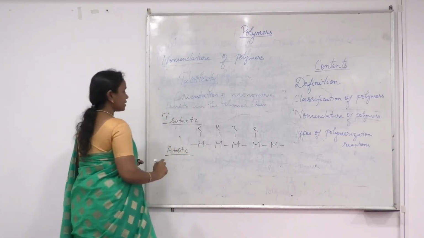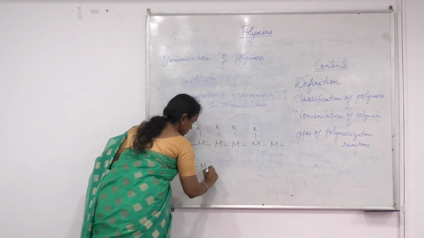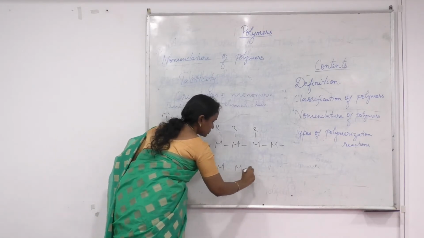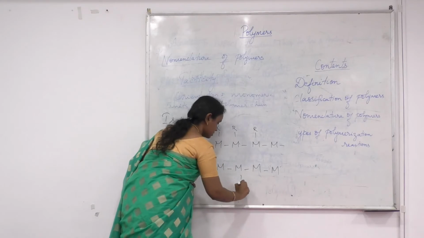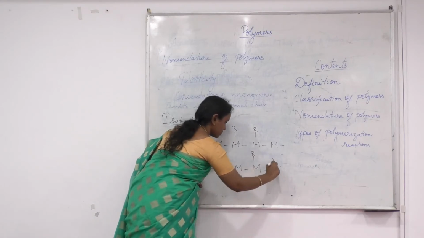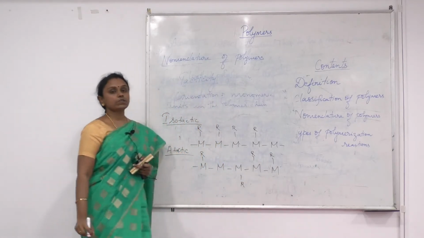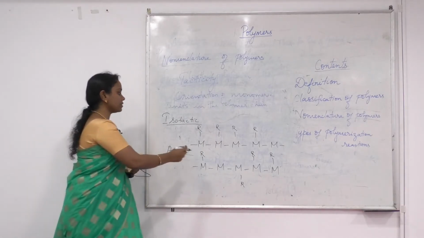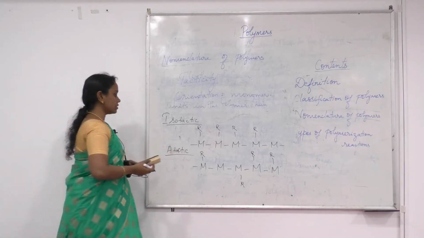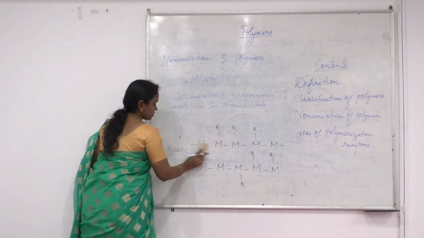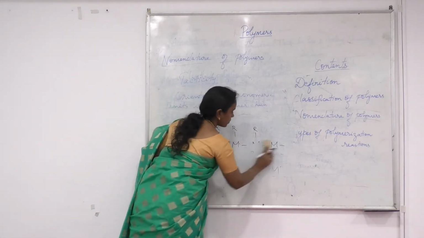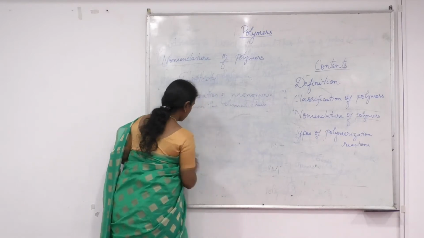atactic. Atactic means the functional groups are arranged in a random manner. The functional groups are lying in a random manner and there is no order in the arrangement of functional groups around the polymer backbone.